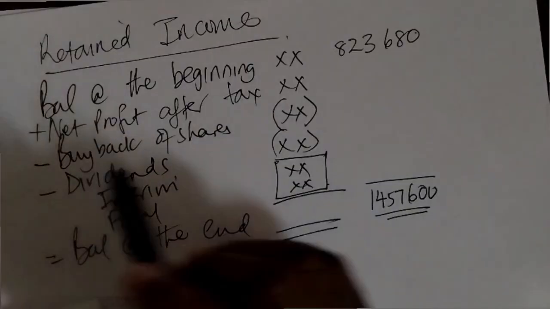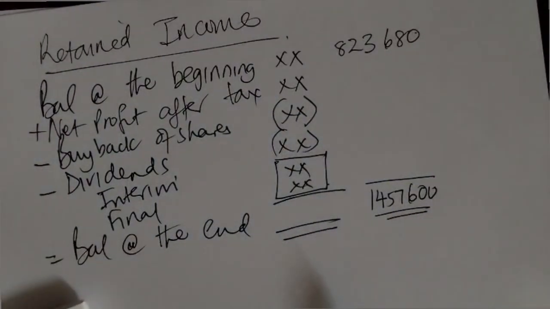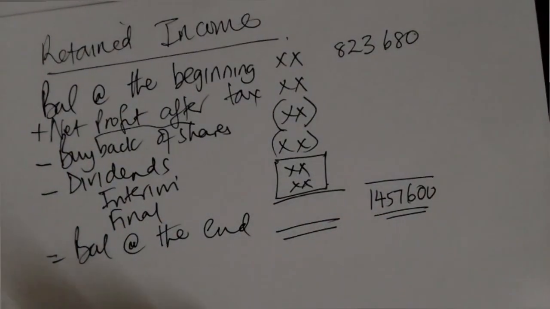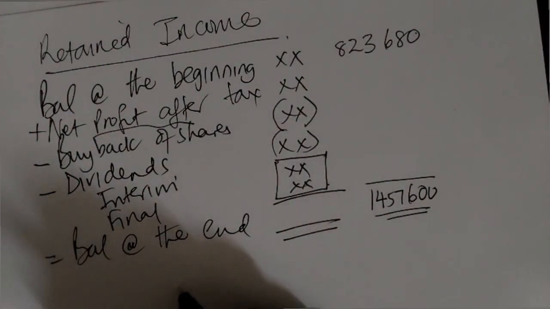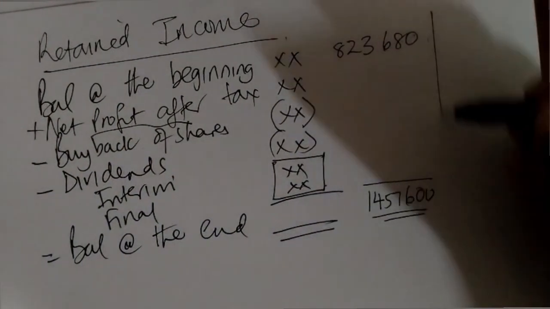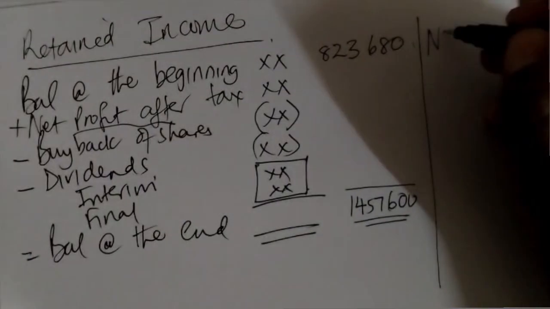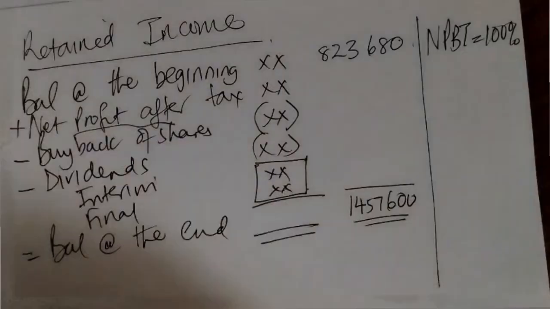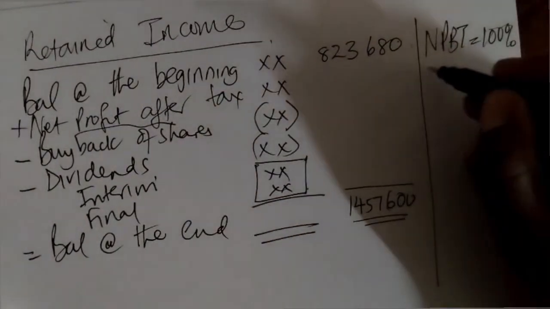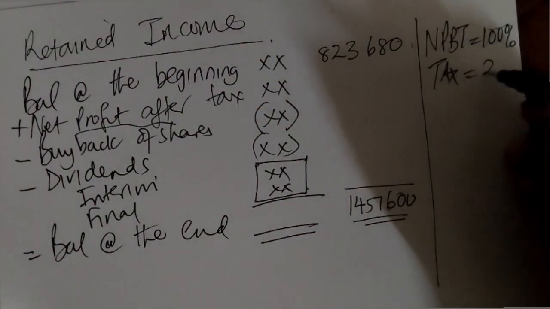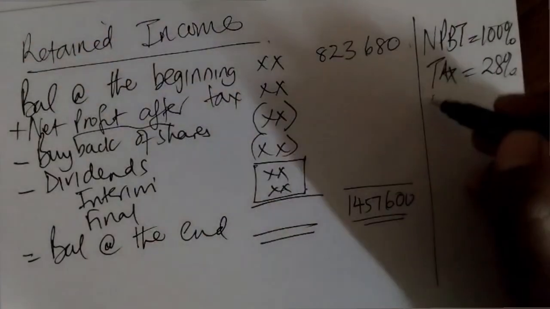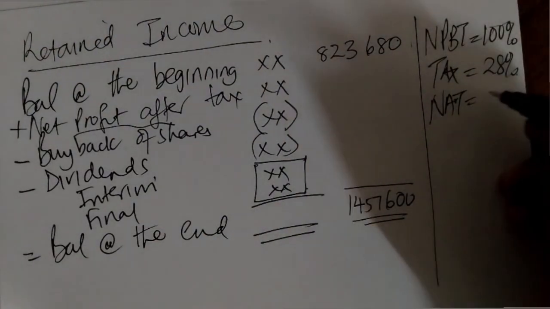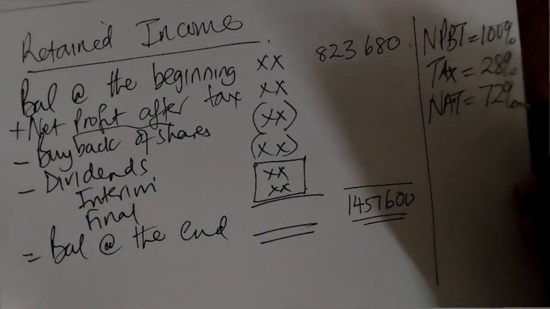In order to get my net profit after tax, I'm going to work it on this side. Net profit before tax can always be denoted with 100%, and then your tax in this case is given as 28%. Then your net profit after tax will obviously be 72%.